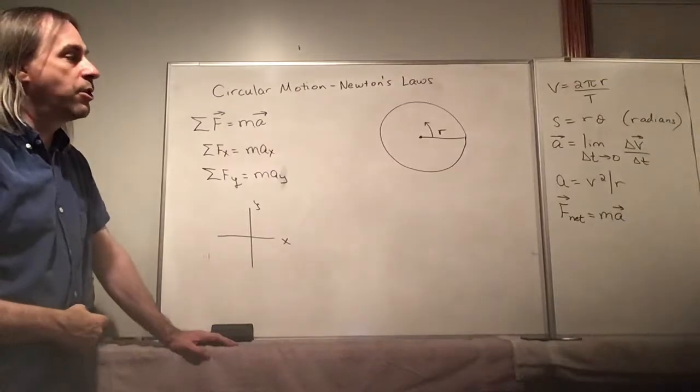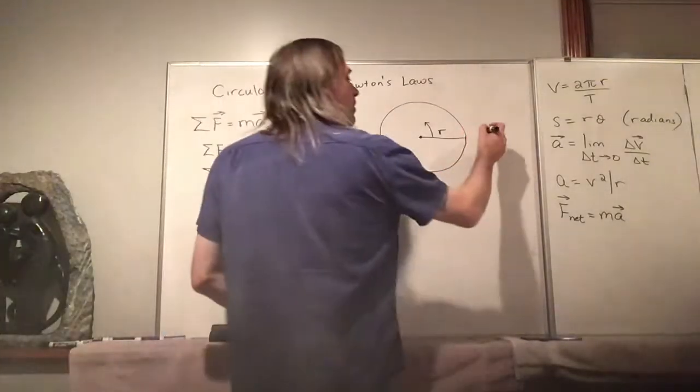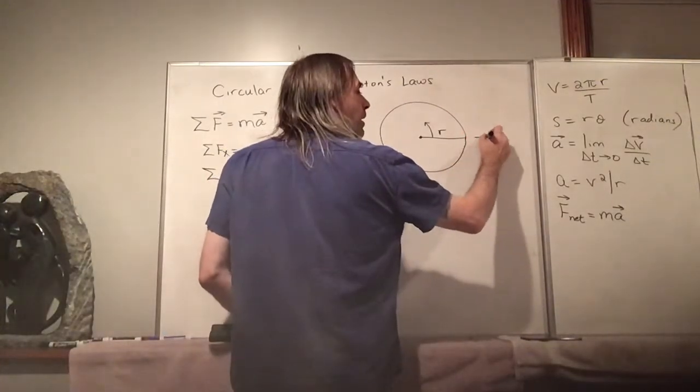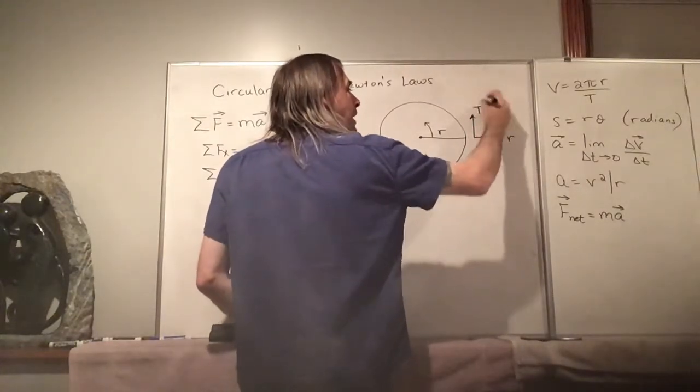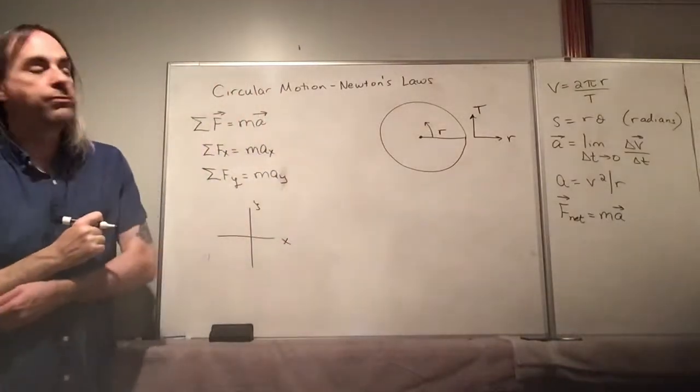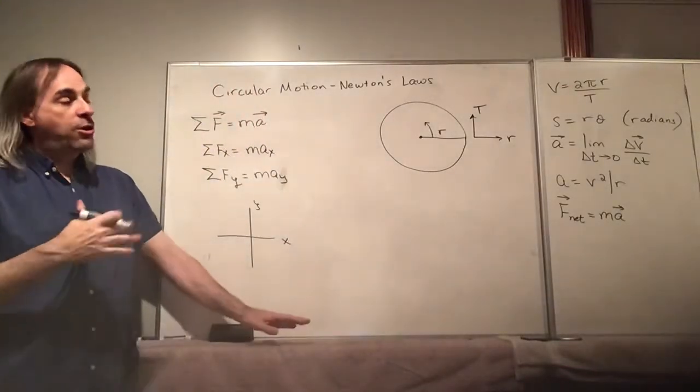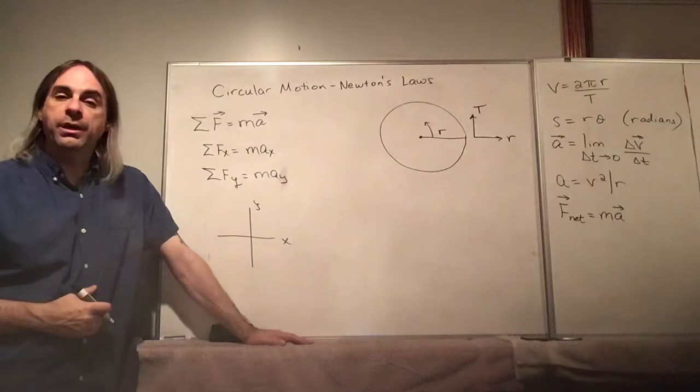We're going to break our coordinate system into components like this: a radial direction and a tangential direction. And we could also have a z direction as well.